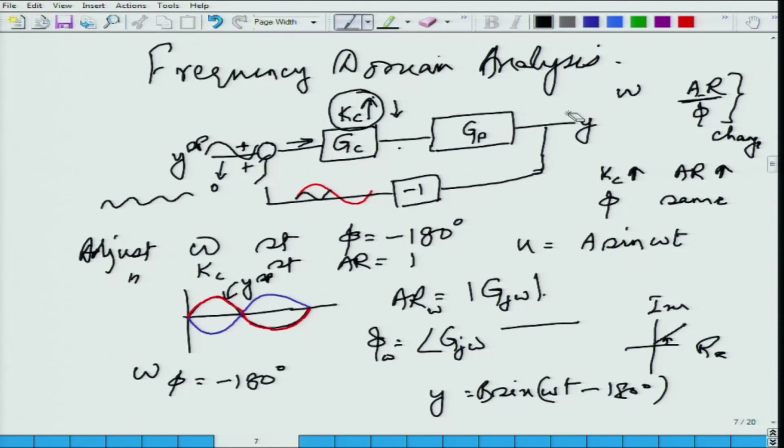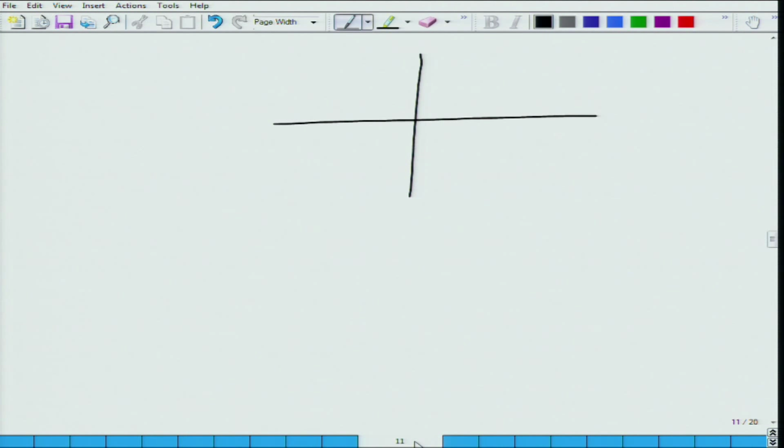What was I trying to say? You are plotting G(j omega) as a function of omega, and what this is saying is, the amplitude ratio of the open loop system without the feedback loop closed, if that plot looks like this, let us say, or that plot, you cranked up the gain.